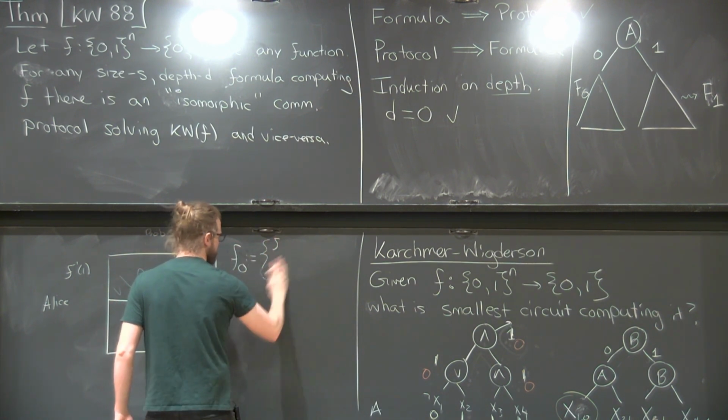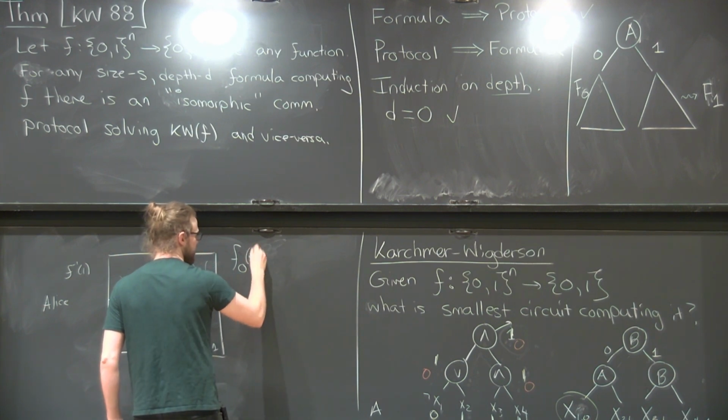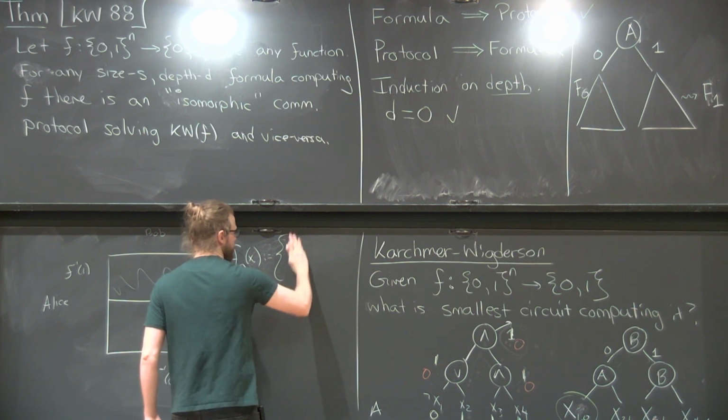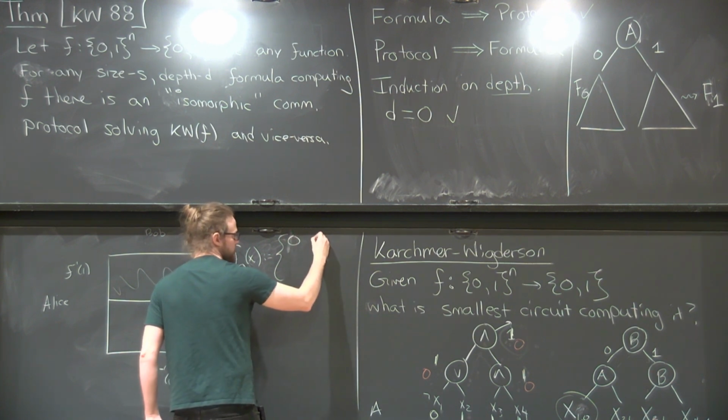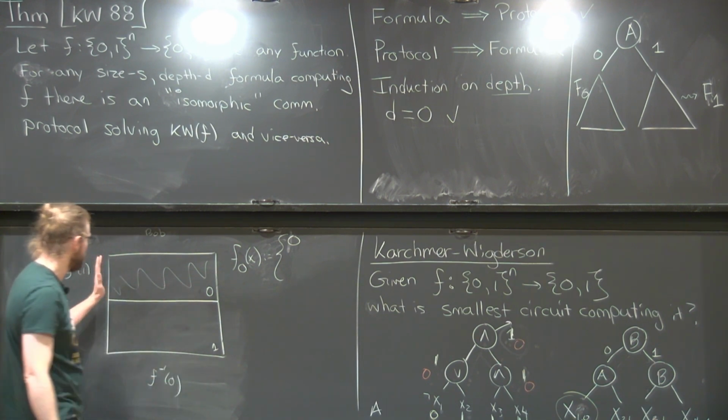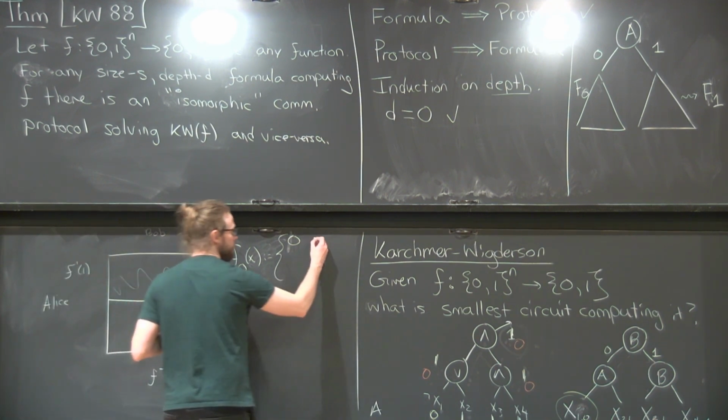We can just define two functions then. So the restricted function, say when Alice sends a 0 first, will always output 0 if f of x is 0.